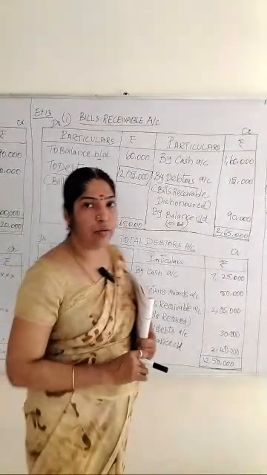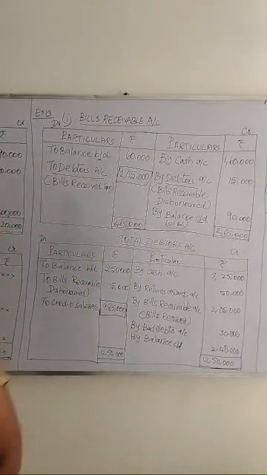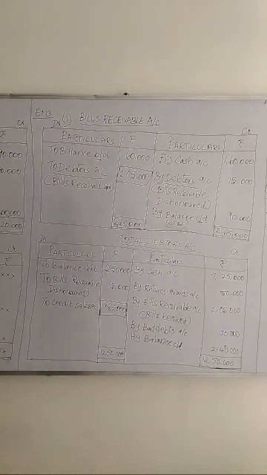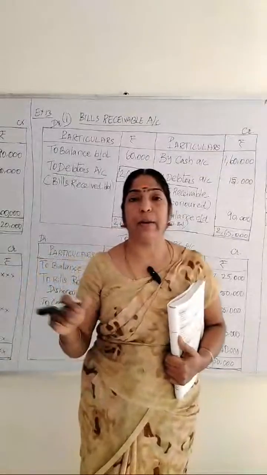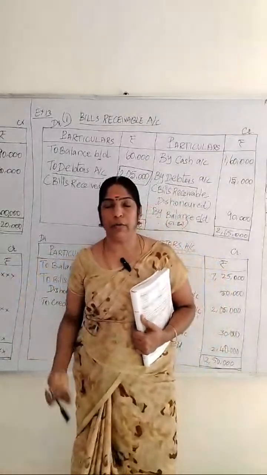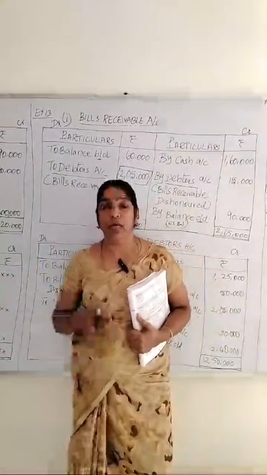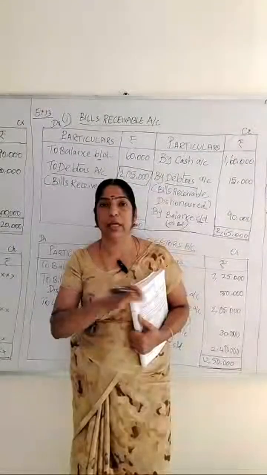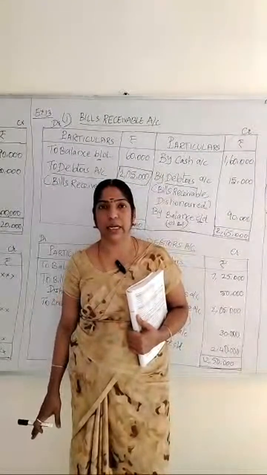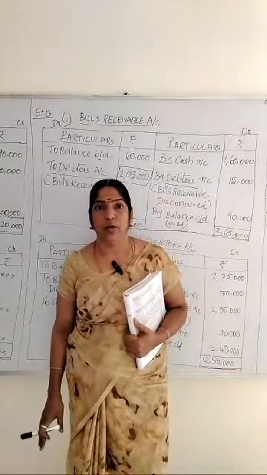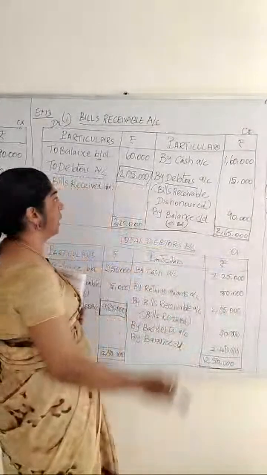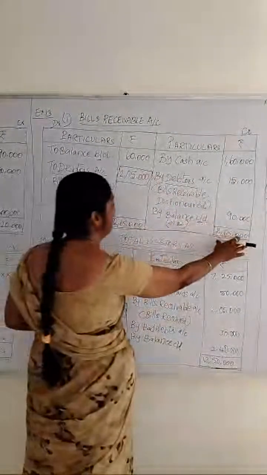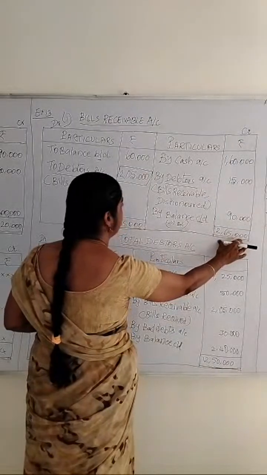Okay. Now what we have to do? Now we have to find out the total bills receivable received from debtors in the bills receivable account. How much bill was received from the debtors? How can we find out? We have to find the difference between the debit and credit sides of the bills receivable. The credit side value is 2,65,000.